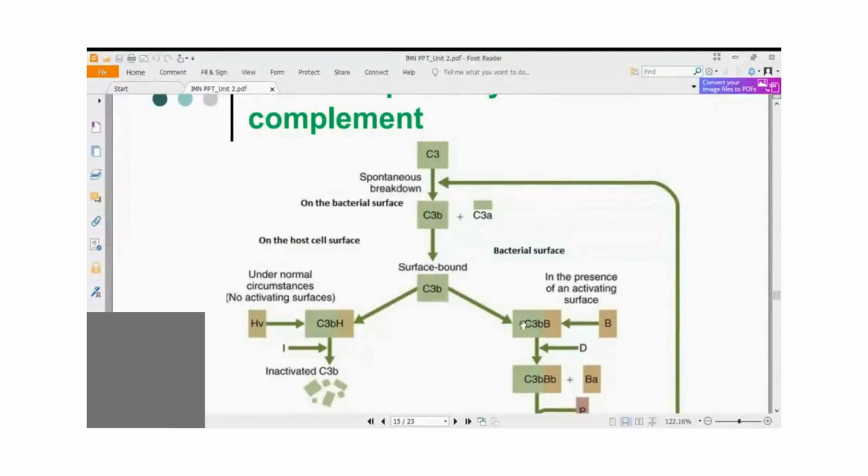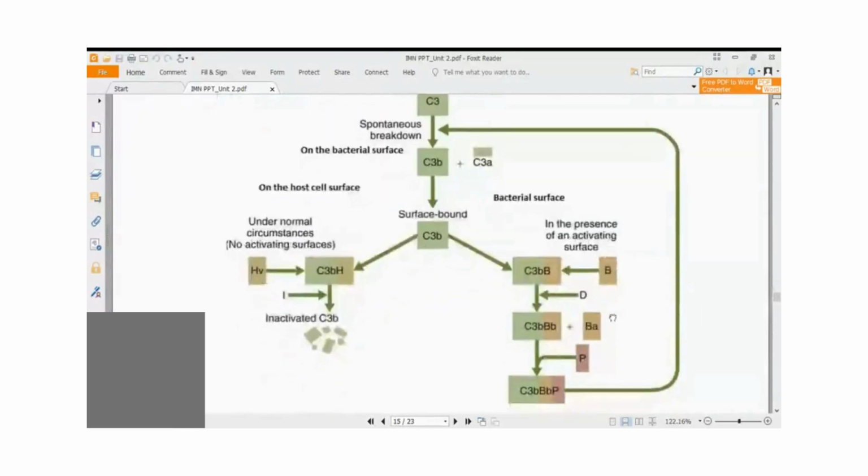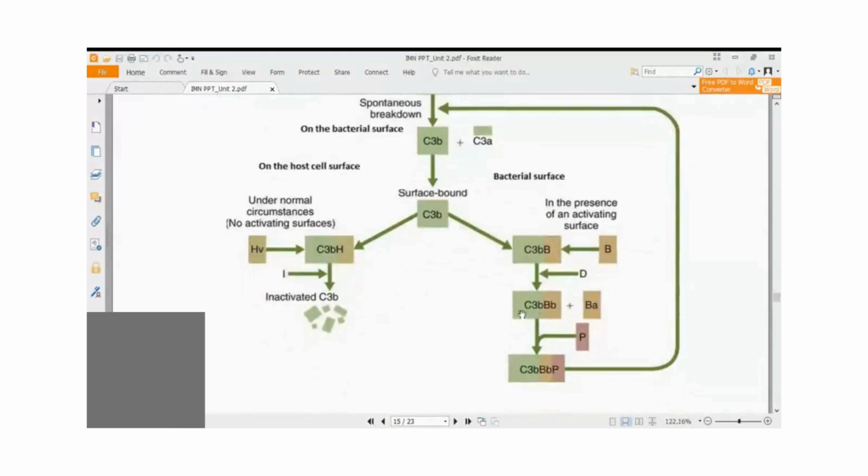You have a complex of C3b and factor B, to which factor D reacts and splits factor B into Bb and Ba. Ba is released, whereas C3b was already bound to the bacterial surface, to which Bb is now complexed.